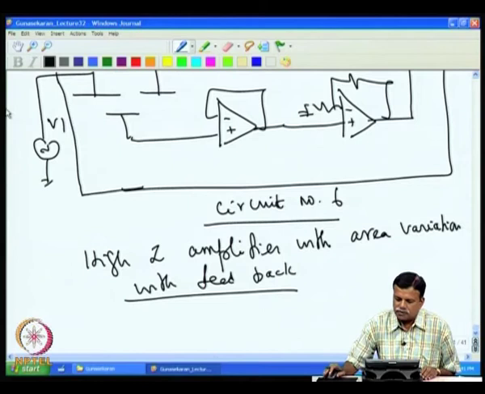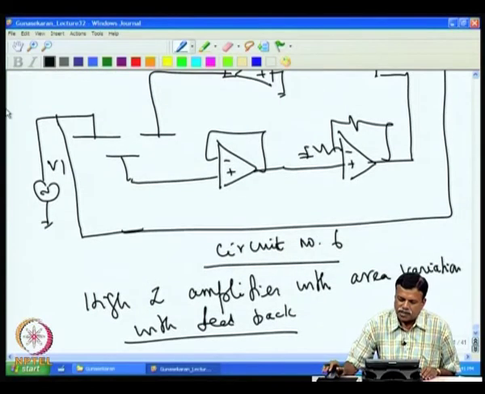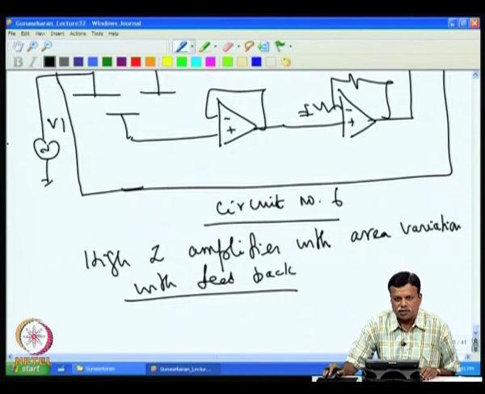For the high impedance amplifier, we can also have feedback and make the output 0. The same is also possible with the low Z amplifier, which makes another 2 circuits, so 8 variants are really possible.